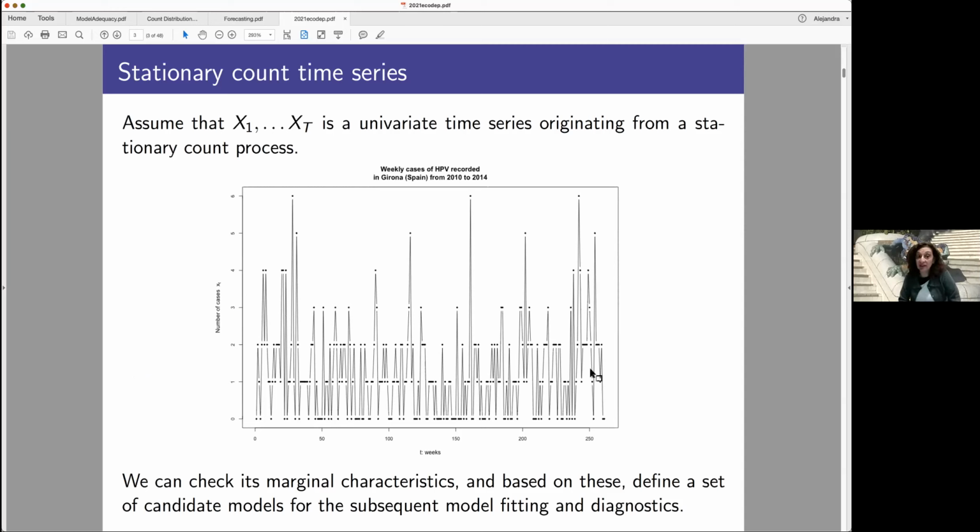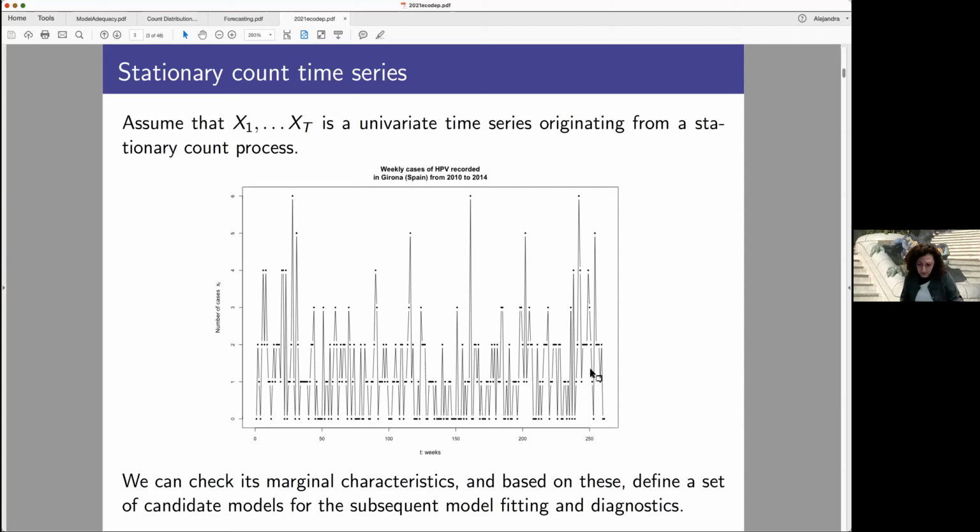One is that the observations are natural numbers, non-negative integers, and the other is that the process that generates it evolves in time preserving at least first and second order moments. I mean, it's a stationary count process. We will see later how to deal with non-stationarity, because most processes you find with real data are not stationary, of course, but let's begin by modeling stationary count processes.